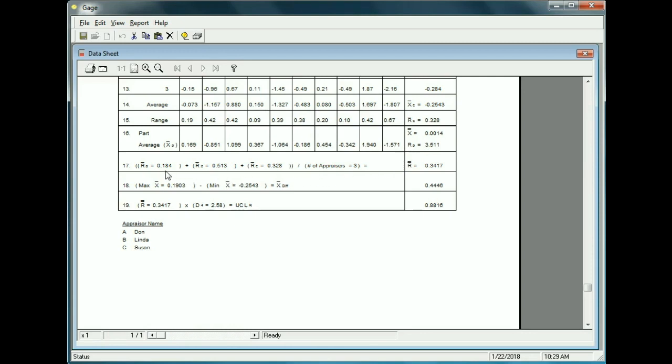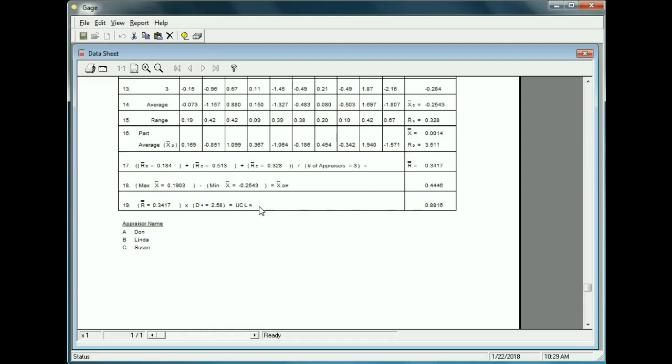We can also calculate R double bar, which is the average of average ranges, and that works out to this number here. And the X bar difference would be the largest average minus the smallest average, which works out to this number.